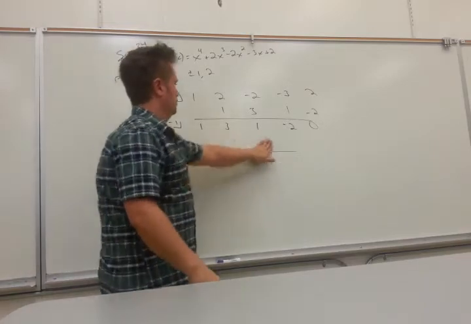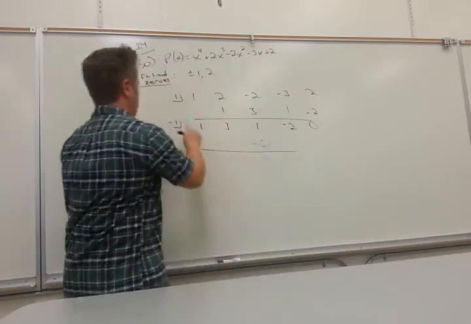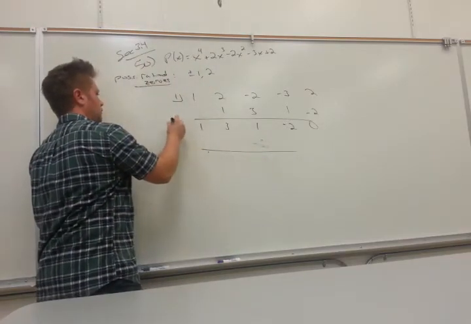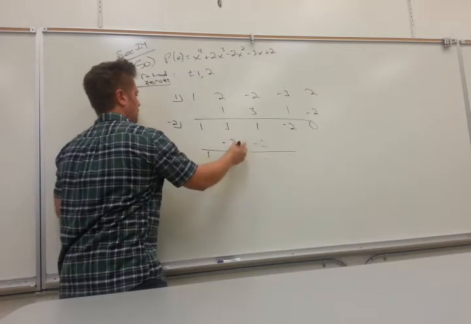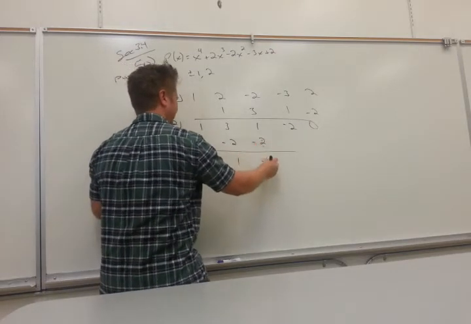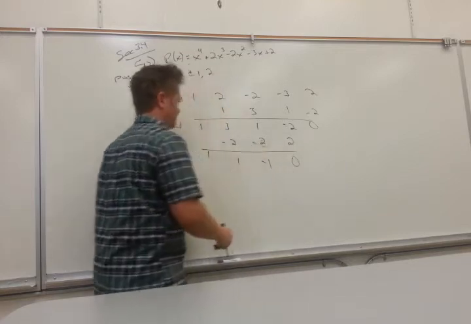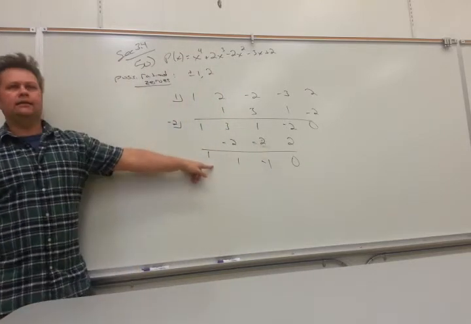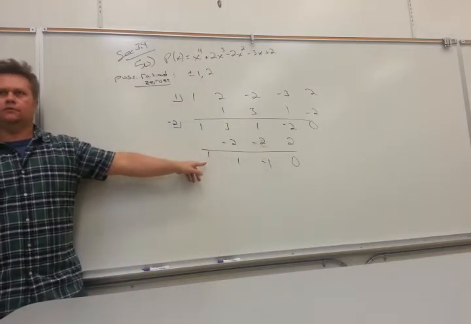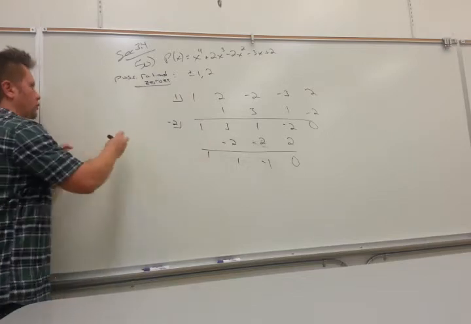Cool? And so forth. And then I can try, what do you say, negative 2? Yeah. Yeah, cool. And then this guy is going to need quadratic to finish it out, right? So far, what do I have?